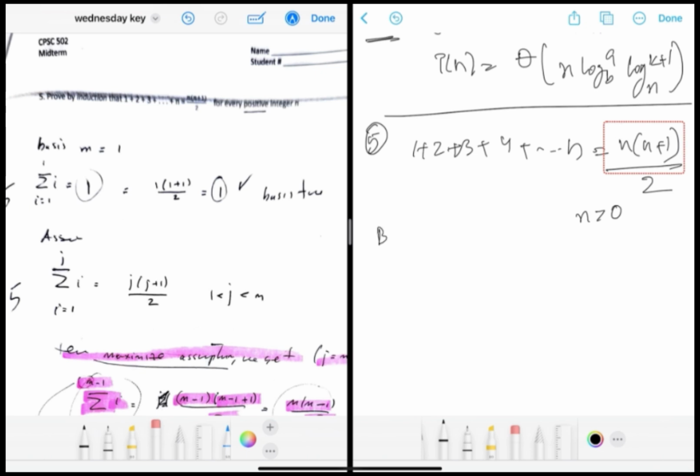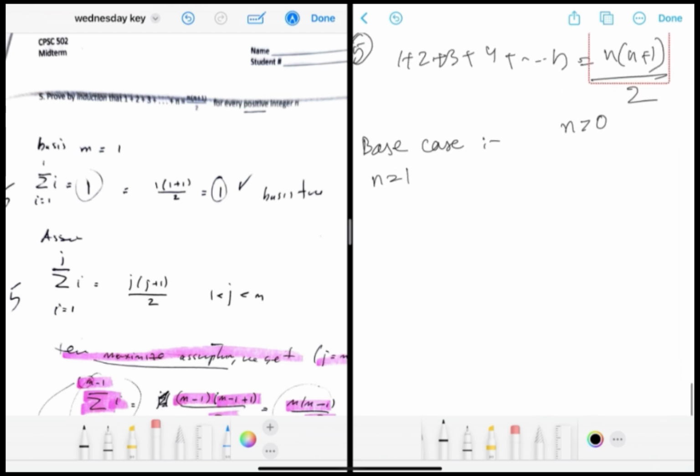Base case is when n equals 1. So when n equals 1, this can also be written as sigma I, from I equals 1 to n, I is equal to this equation.